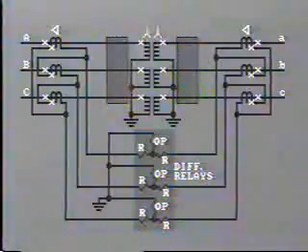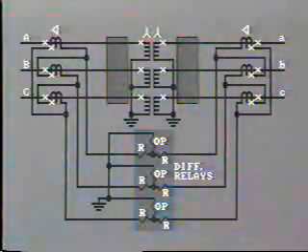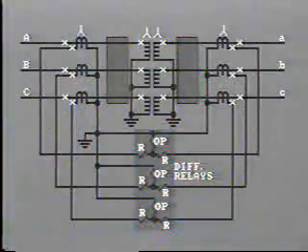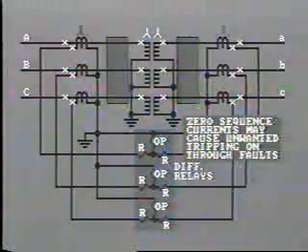Where the transformer is connected grounded Y on the primary and grounded Y on the secondary, the CTs are delta connected on both sides. Why is this? Well, with Y CT connections, zero sequence currents may flow in the relay, causing unwanted tripping on through faults.